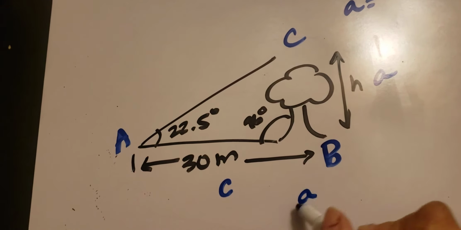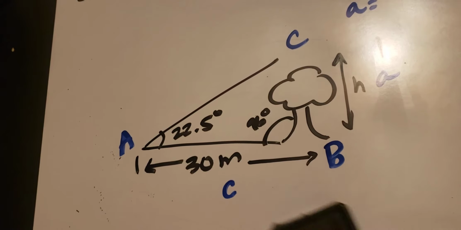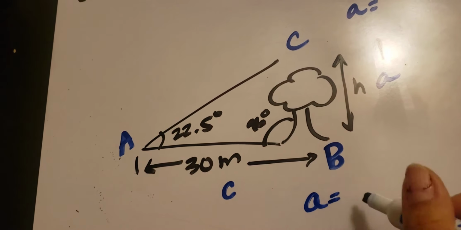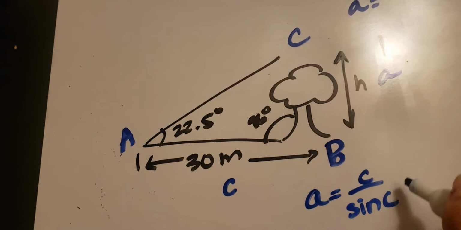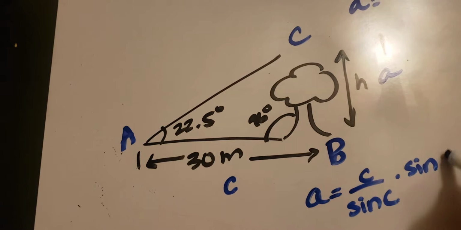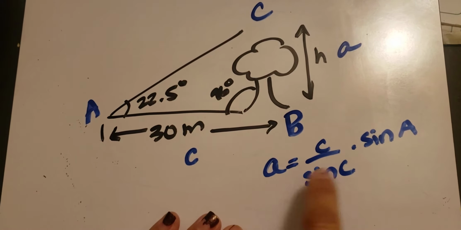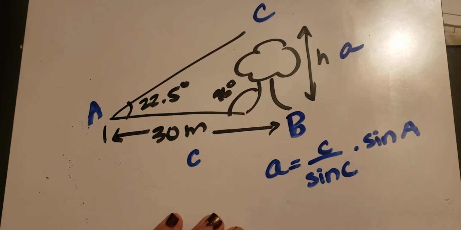Since we already know we have to isolate A, it's going to be A equals C over sine of C times sine of angle A, okay? Since sine of A is underneath, I would have to multiply to both sides to isolate it, okay?